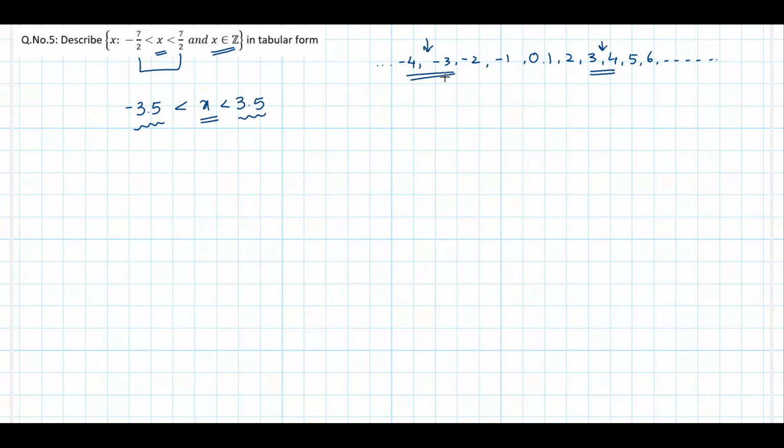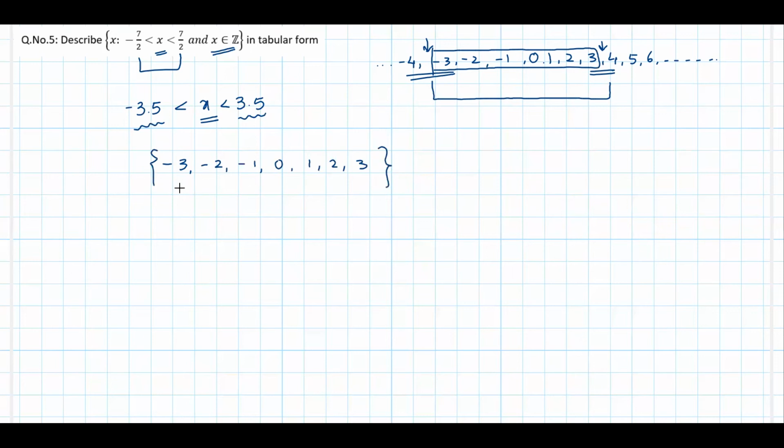All right. So what are the integers in between -3.5 and 3.5? These are the integers between -3.5 and 3.5: -3, -2, -1, 0, 1, 2, 3. That's it. So yes, we got the elements and we kept them in a curly bracket, comma separated elements. So that's it. This is in tabular form.